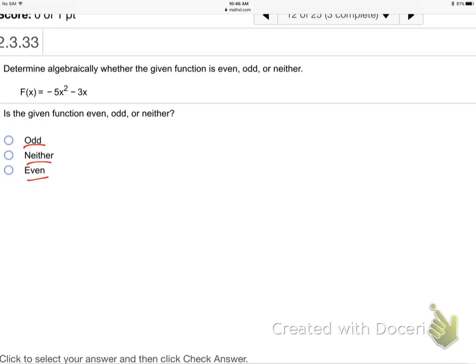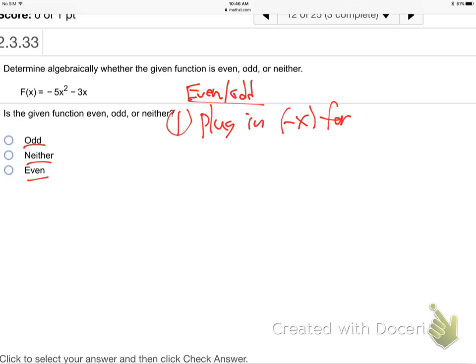So for the even, odd, neither thing, first, plug in negative x for x and simplify.